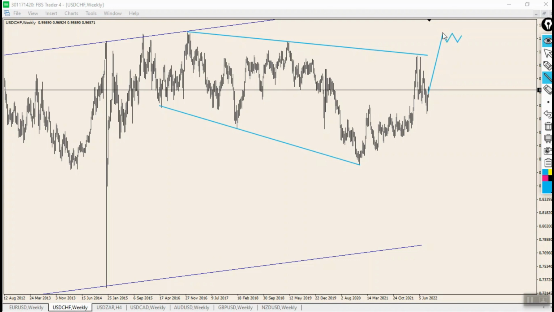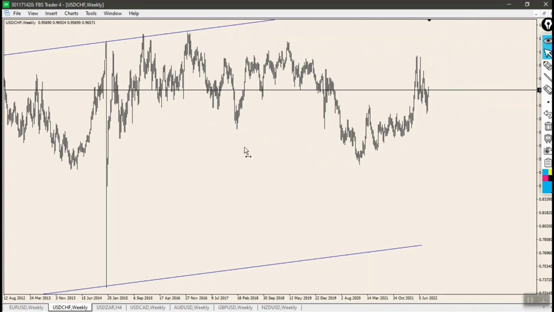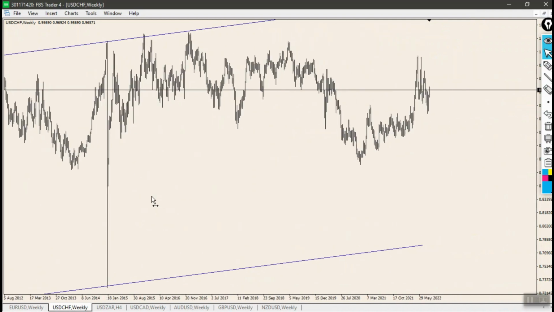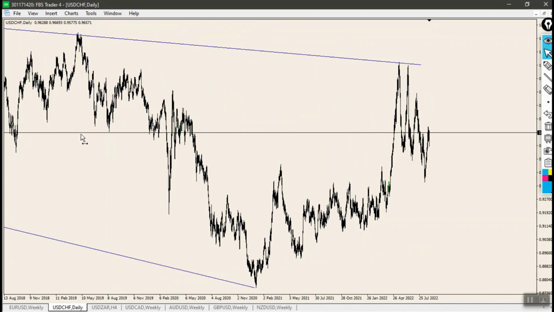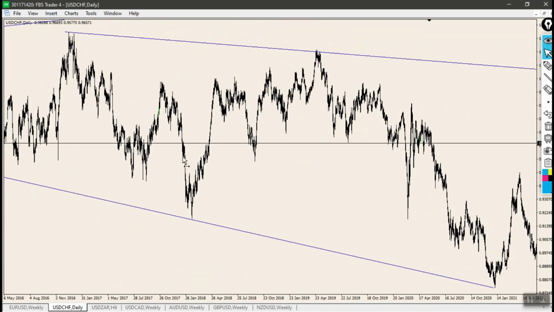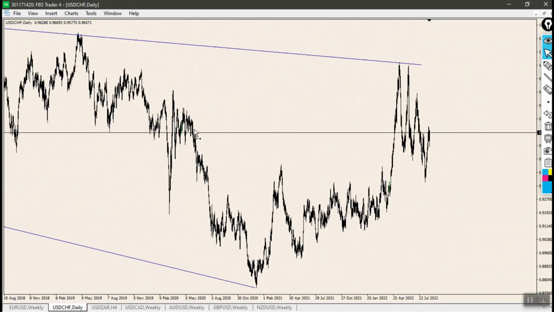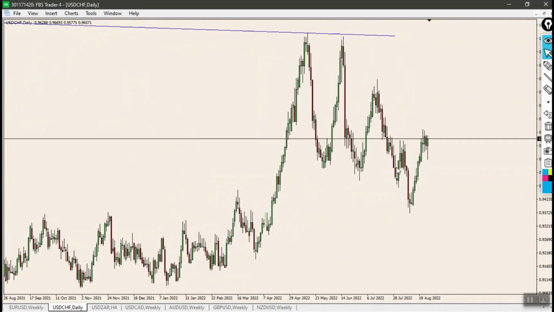But again, this is going to take weeks and weeks to come by due to the fact that it's on the weekly chart. So let's go on the daily so that we can confirm what we are talking about. Right, on the daily chart, as you can see, here is the expanding triangle that we spoke of, and the market, yes, did move overall bearish, but very corrective.